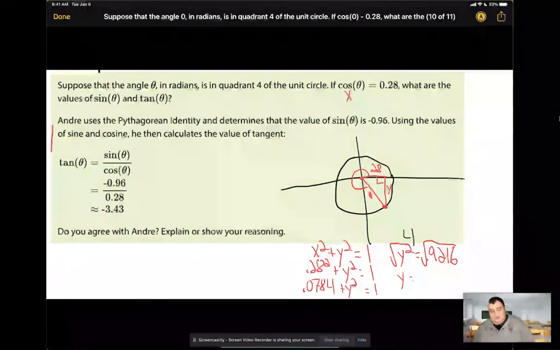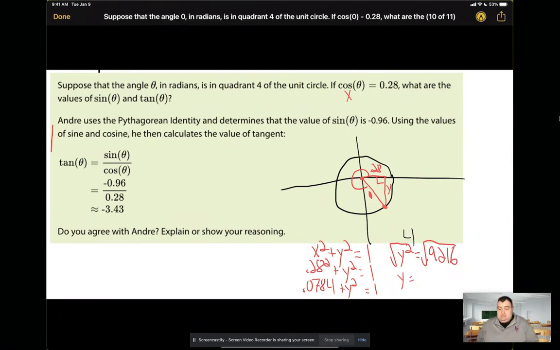But like I said, because it's in quadrant 4, because I have to move down from center to get to that point on the circle, I'm going to take the negative. So the square root of 0.9216 is 0.96, so y is going to be equal to negative 0.96.